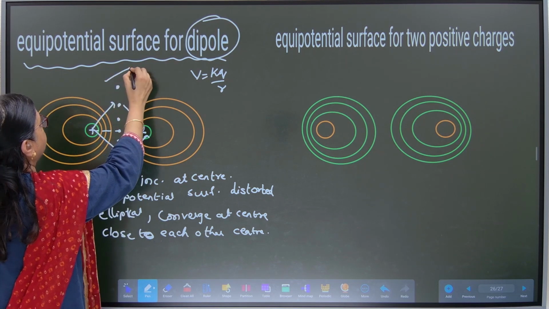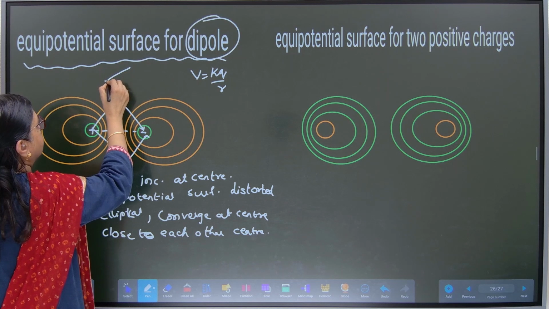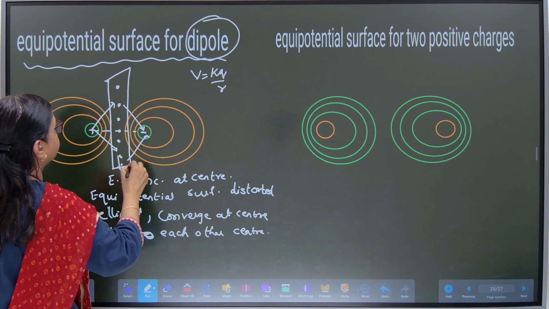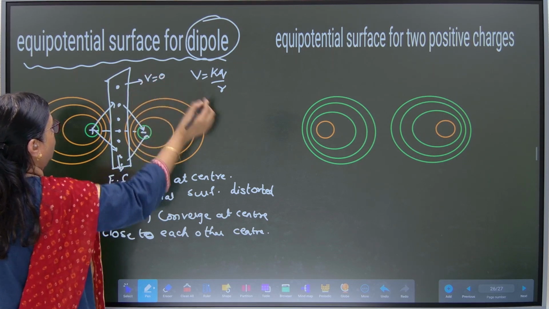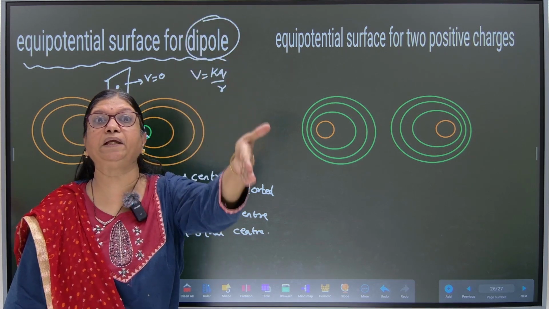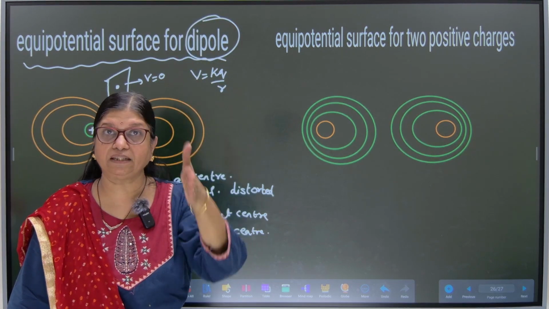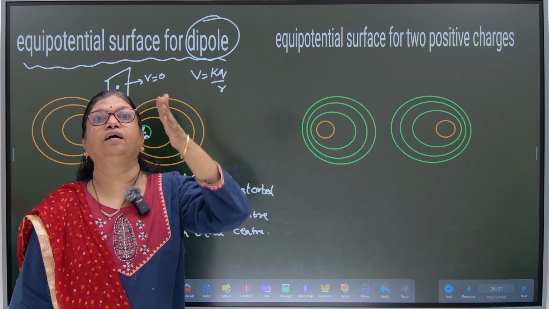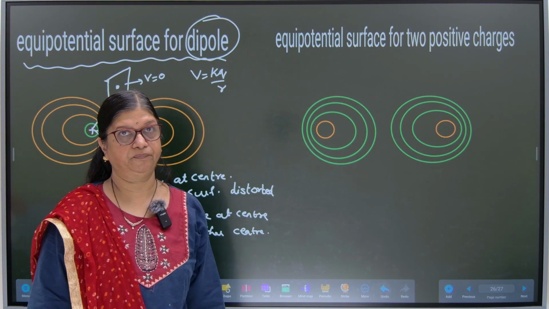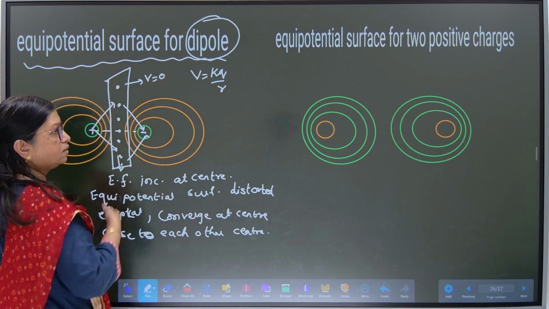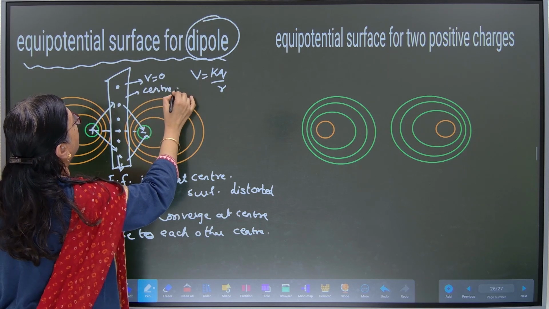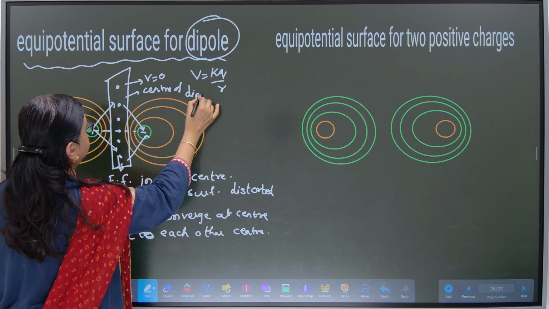There will be a surface with these points which will have potential 0. One equipotential surface will be there at the center of the dipole where the potential is 0 at all the points on that surface. So where is this surface? At center of dipole.